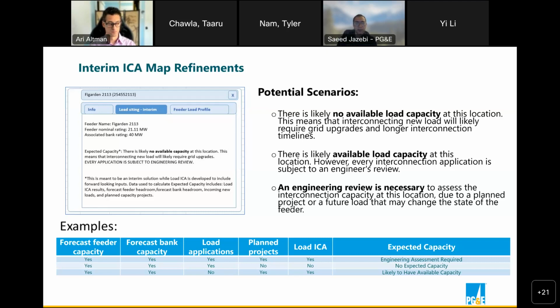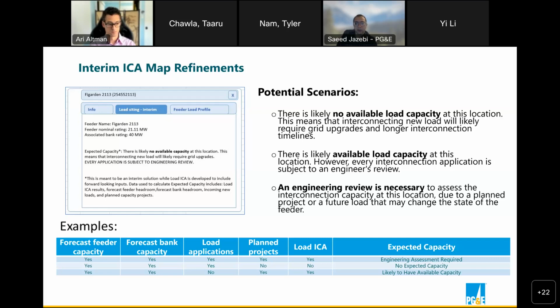For example, if we look at the third example at the bottom of the page, there is forecast feeder capacity here. There is forecast bank capacity. And there is no load application on this feeder.